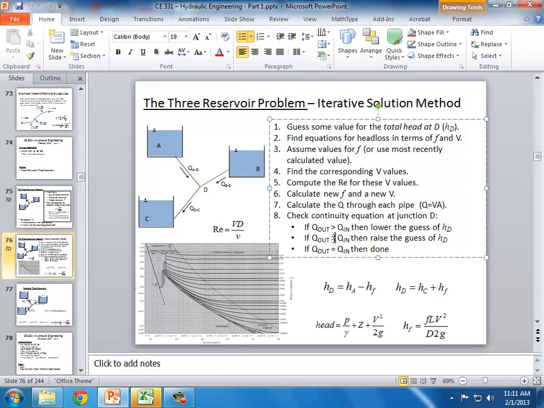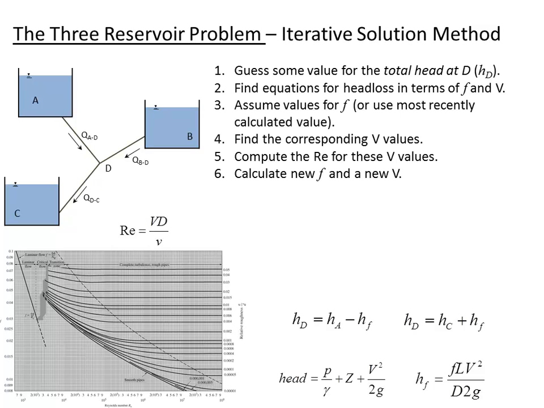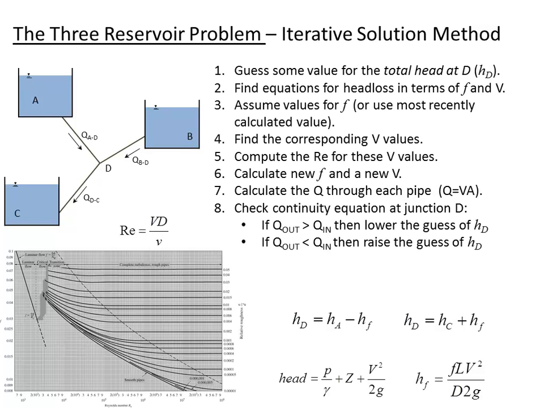If Q out is less than Q in, then that means that you have to raise the guess of the head at D. So if D is too low, then you're going to have a lot of water flowing into D because it's a really low energy location and not very much of a driving force from D towards C. So when you've got just the right estimate of where D is, and you also will, having gone through this a couple of times, have a correct estimate for the F value and for the velocity, then you know you're finished.